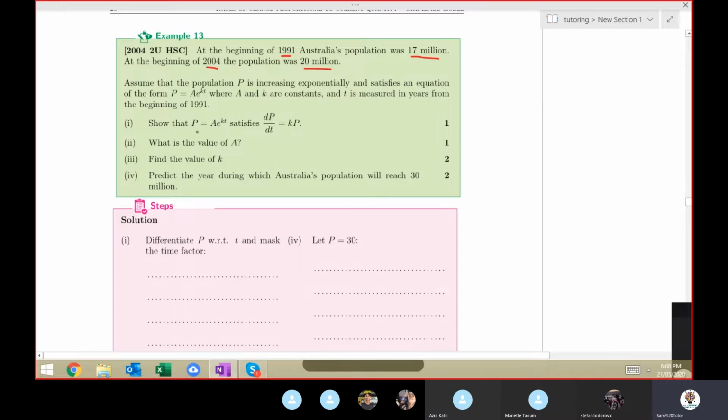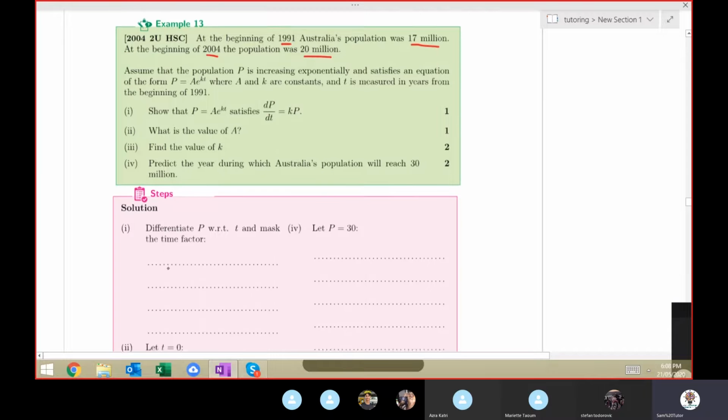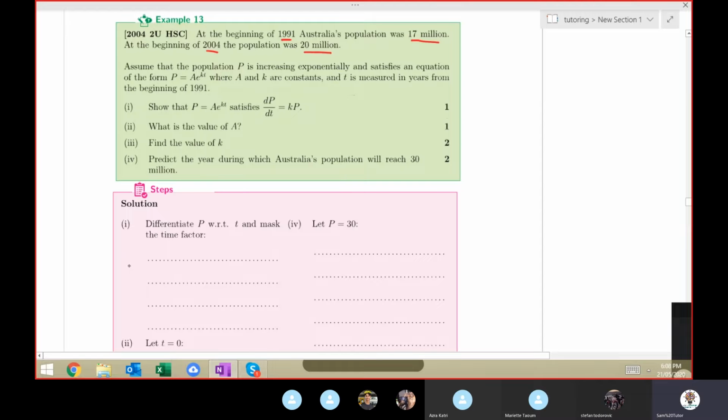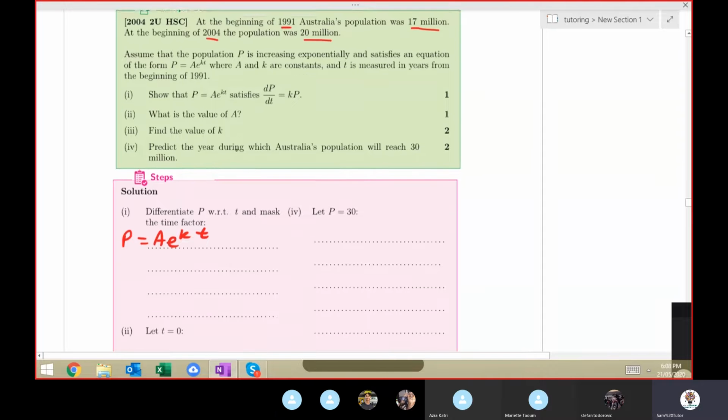So the question says, show that P equals A e^(kt) satisfies dP/dt equals kP. All right, so if you've got P equals A e^(kt), you have to differentiate, right? dP/dt just means differentiate, dy/dx. So we've got to differentiate the exponential.